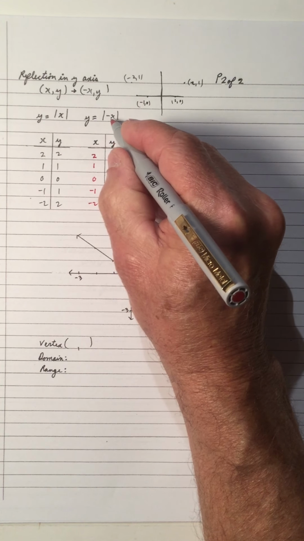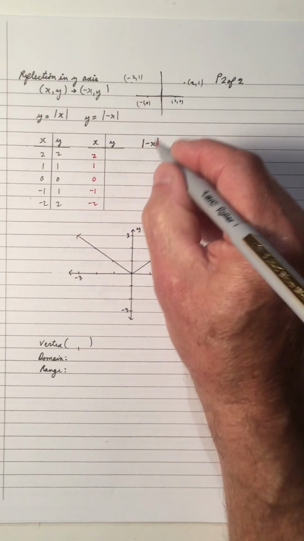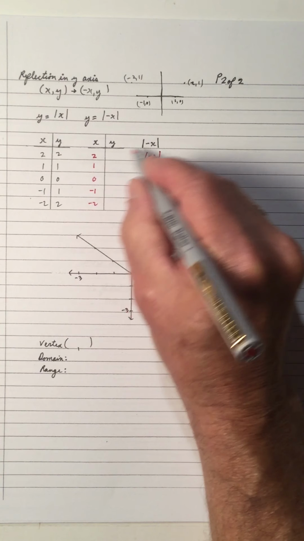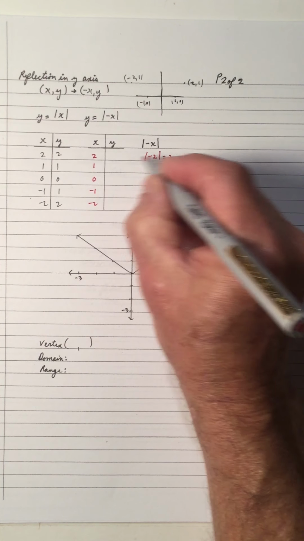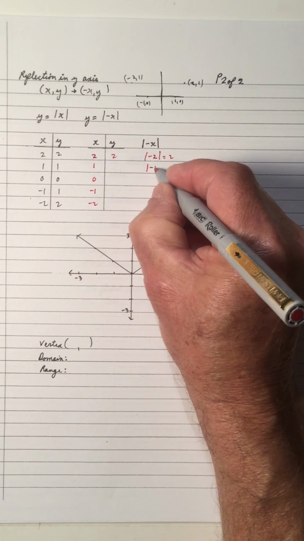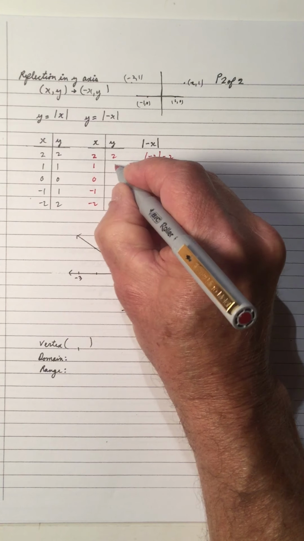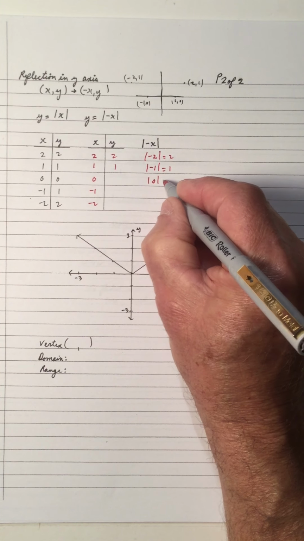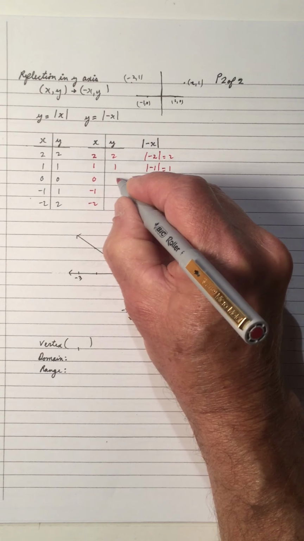So what's the y value? X is 2, so negative 2, and the absolute value of negative 2 gives you a 2. X is 1, so negative 1, and the absolute value of negative 1 is 1. X is 0, so the absolute value of 0 is 0.